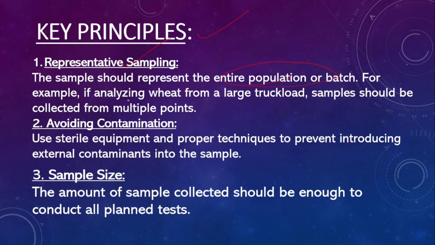For example, if analyzing wheat from a large truckload, samples should be collected from multiple points. Next, avoid contamination. Use sterile equipment and proper techniques to prevent introducing external contaminants into the sample. Then sample size. The amount of sample collected should be enough to conduct all planned tests.